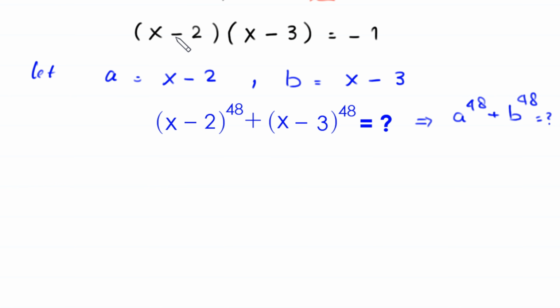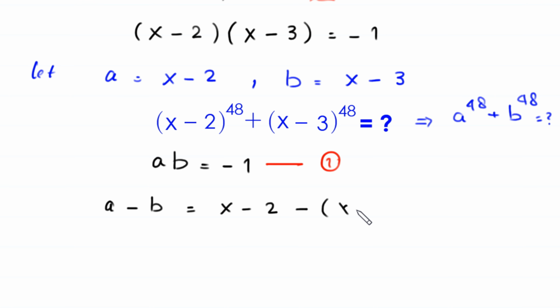Now if we substitute a and b in this equation, it will become a times b equal to negative 1. Let's call this equation number 1. And if we subtract b from a, we get another equation, a minus b equal to x minus 2 minus (x minus 3).